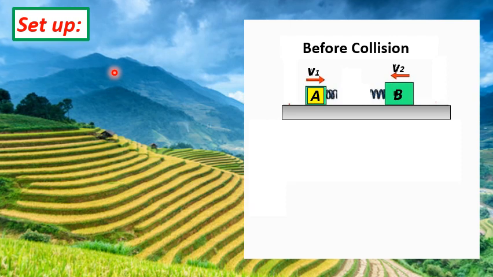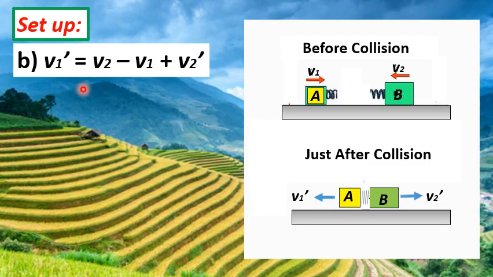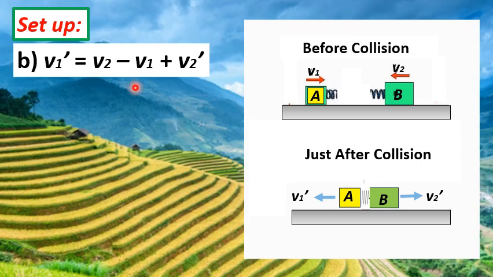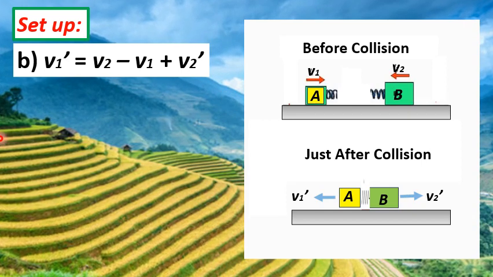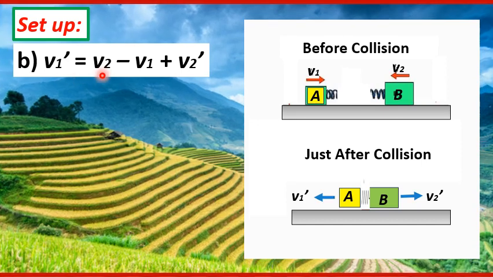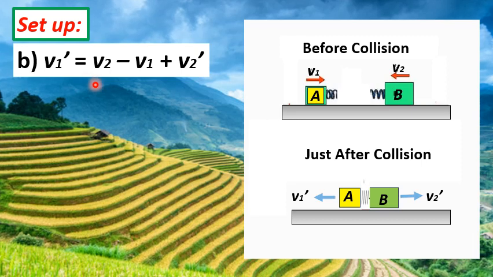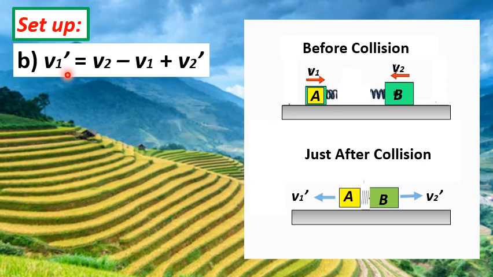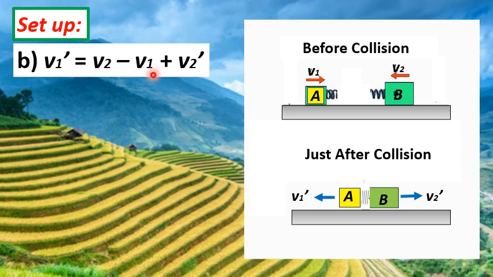And for question letter B, to compute the final velocity of block A after the collision, as well as the final velocity of block B after the collision, we need two equations. The first one is what we also used in problem number 1, which is v_1 prime equals v_2 minus v_1 plus v_2 prime.